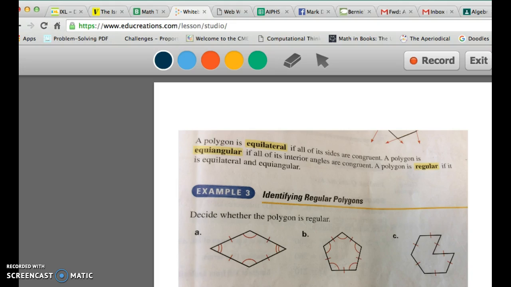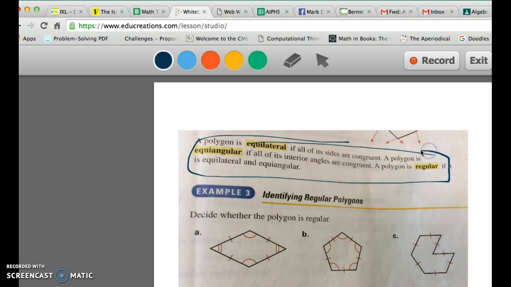Then the next issue is what regular means. So, which polygon is regular? Well, you got to know what regular means, and it's right here. A polygon is equilateral if all its sides are congruent. A polygon is equiangular if all its angles are congruent. Its interior angles are congruent. A polygon is regular if it is both equilateral and equiangular.